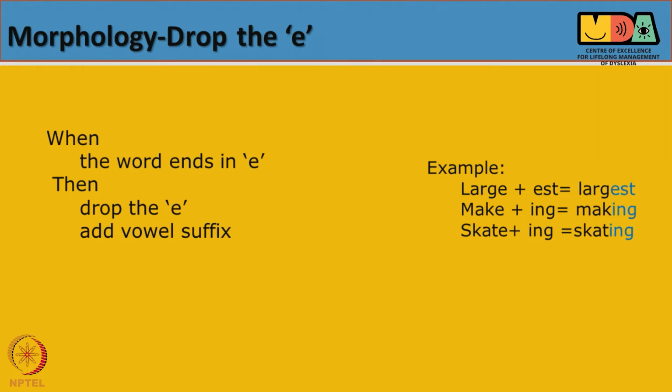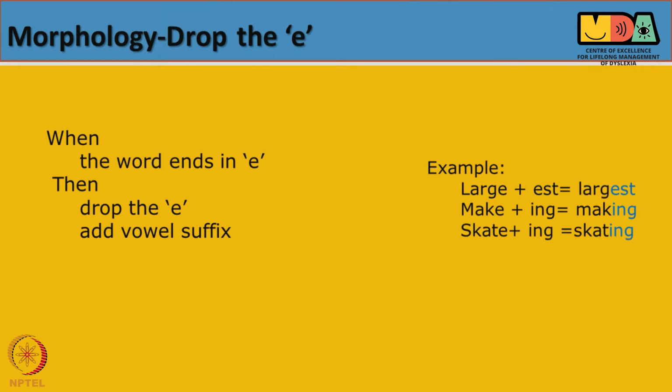So, in order to add EST, you drop the E and add EST. So, largest is spelled LARGEST. Another word, make. When you have make where E is ending the word, you want to add ing, then drop the E and add ing and come up with making.